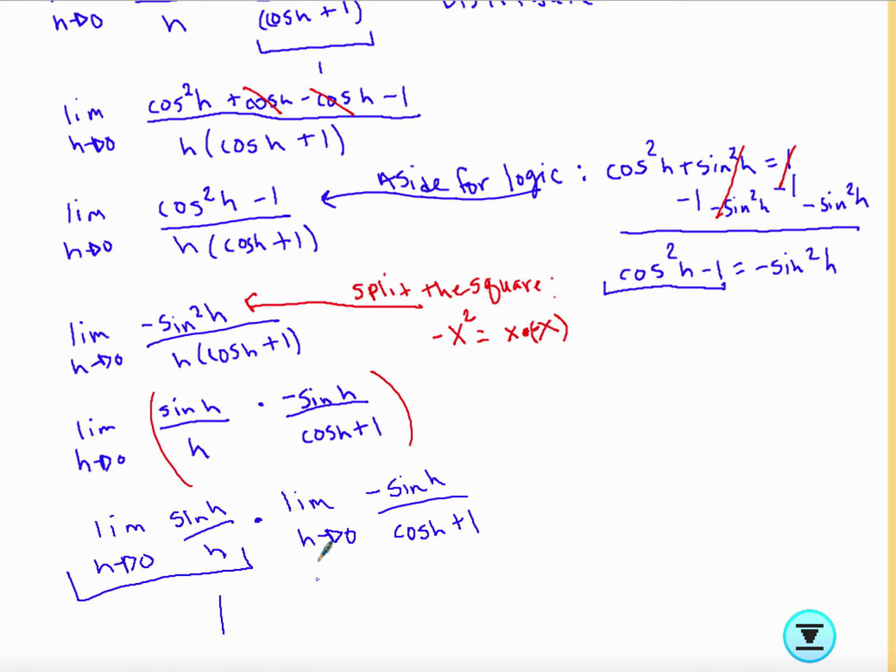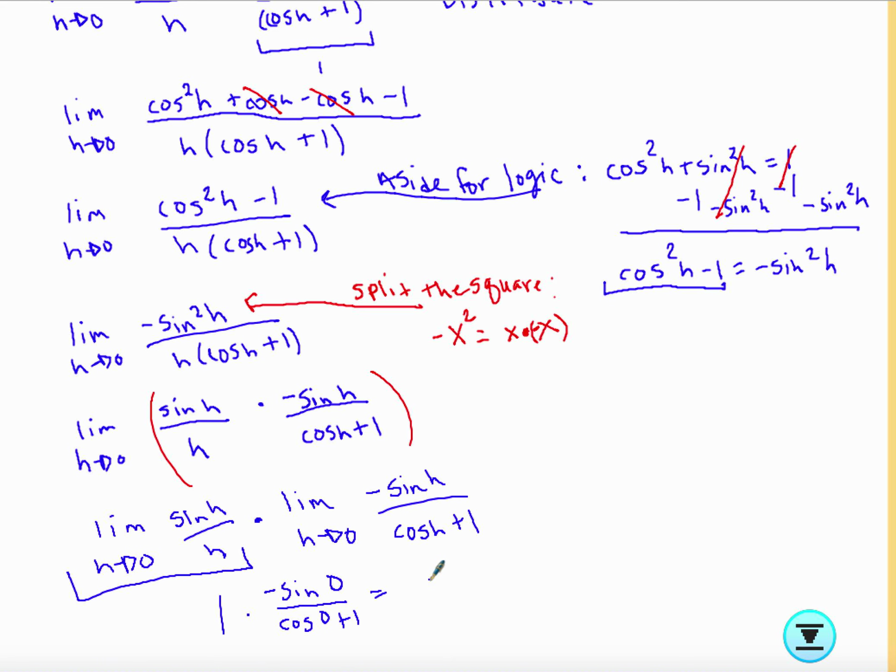And luckily for us, we're not just having an h in the denominator anymore like we were back up at the beginning. Now we can substitute in that 0. So I'll get the negative sine of 0, if I'm going to take the limit, divided by the cosine of 0 plus 1.